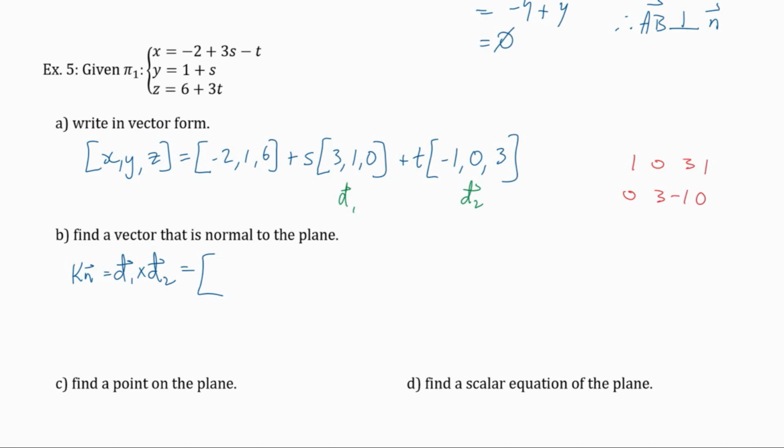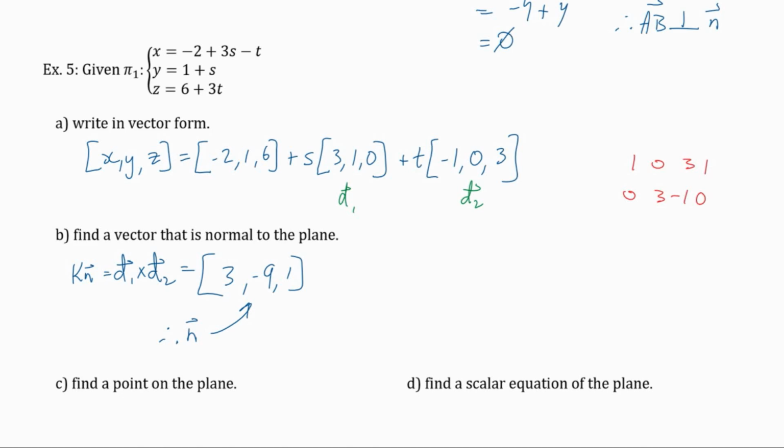Notice how often we have to do cross products. There's no good way to simplify that one, no way to make that more friendly to work with. So I'm just going to call that my normal vector. My k was 1 in this case, right? And this is what I was saying before: sometimes we might do something to the normal to make our lives easier, but sometimes we won't. It's just going to be the cross product.